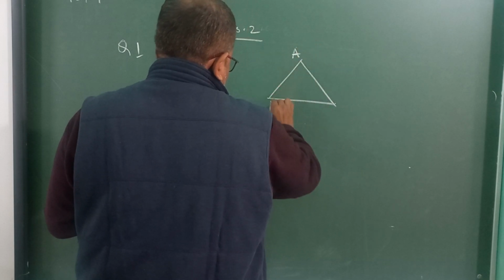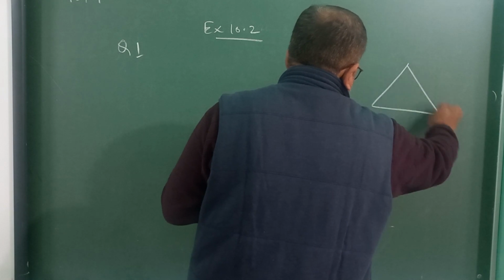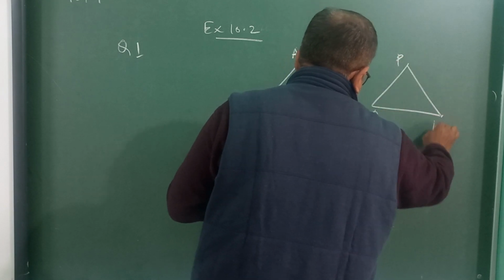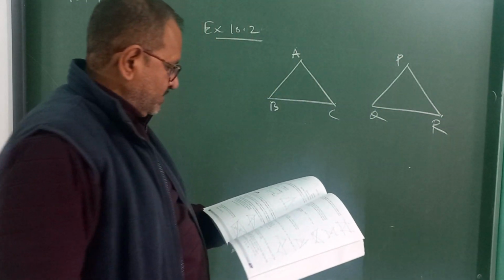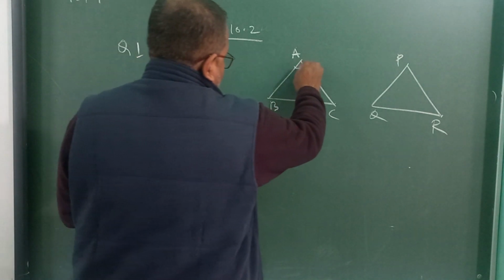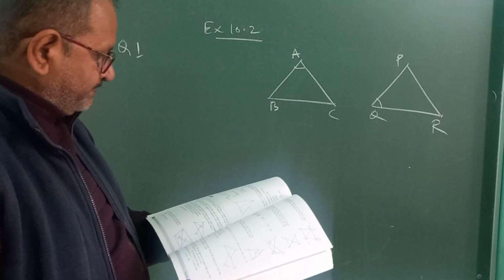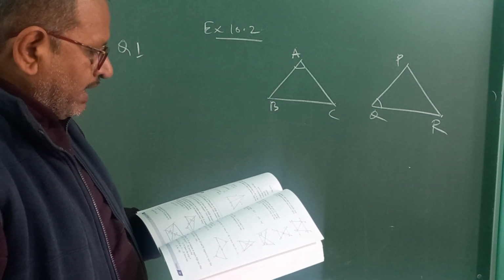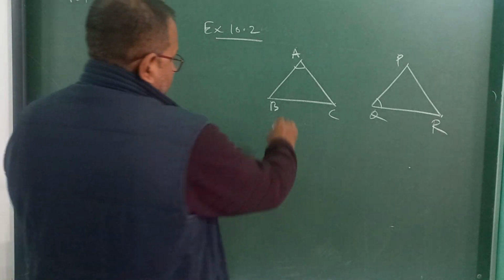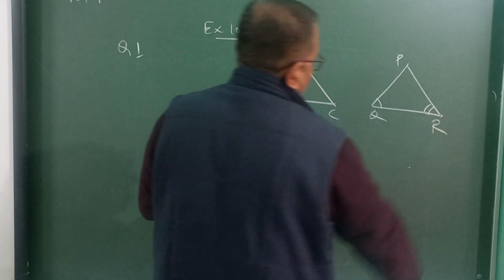Triangle ABC and triangle PQR. Angle A is equal to angle Q. Angle A and angle Q, these two angles are equal. Angle B is equal to angle R.